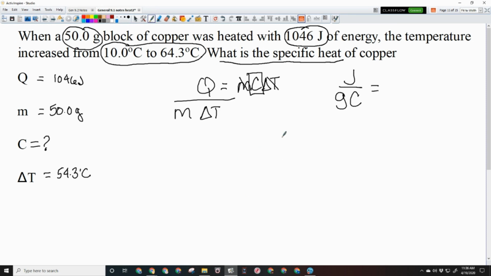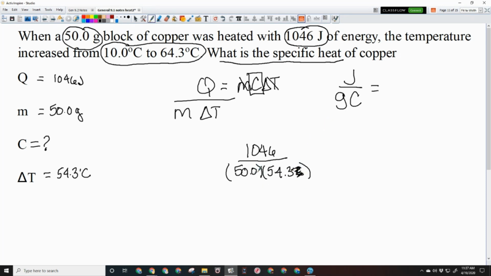All right, so let's plug in our numbers. 1,046 joules, 50.0, and 54.3. Okay, we already did our units, so I'm not going to put units in here.